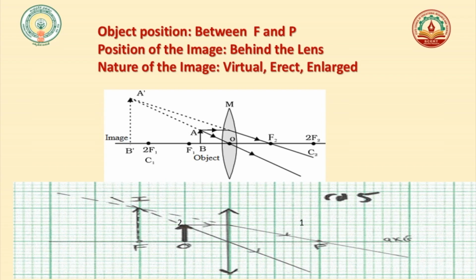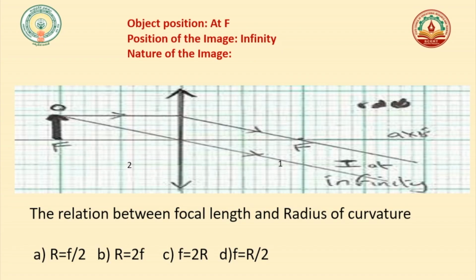By this they can understand the relationship between focal length and radius of curvature: R is equal to 2f.